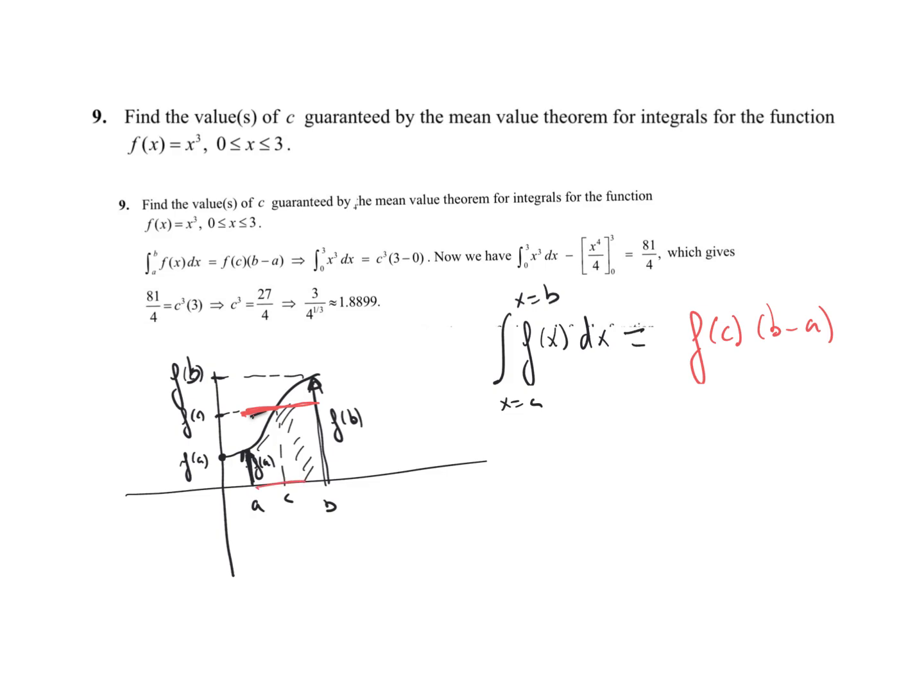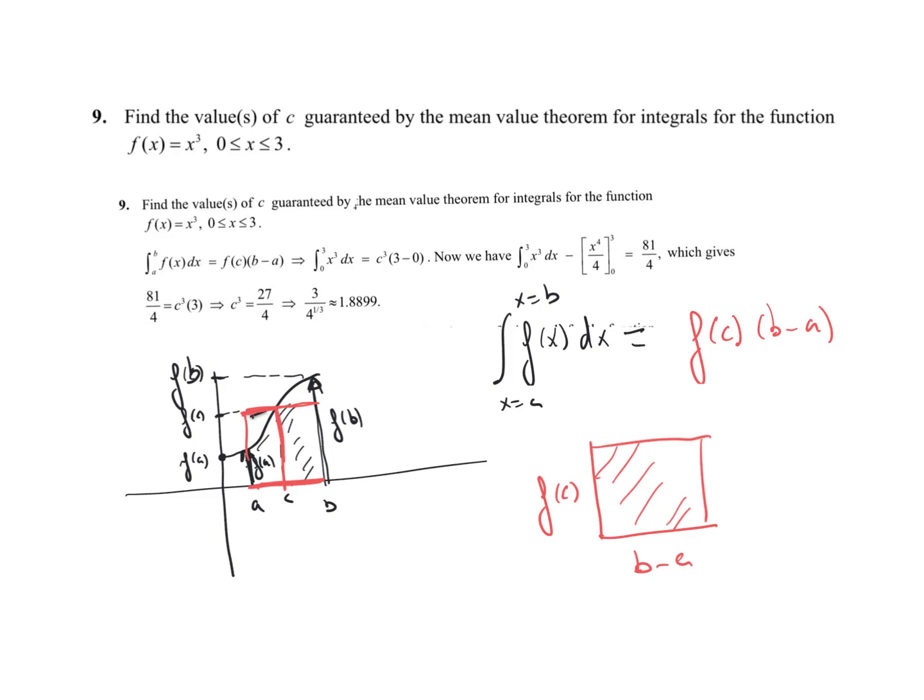So it's b minus a, this, by f of c, this. So it's f of c by b minus a. The area that is here is the same area that is below the curve.